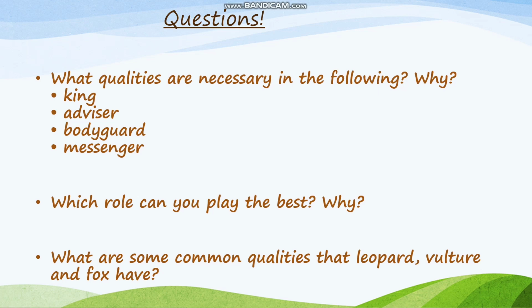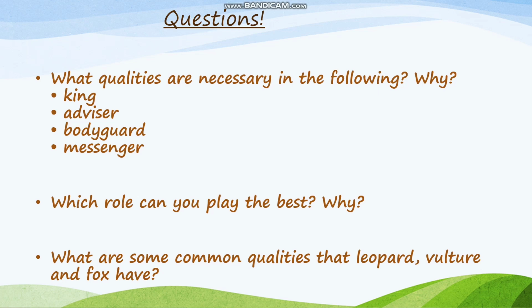You have to think and write them down. This is not given anywhere in the text. ये आपको खुद सोचना है. अगर कोई king है तो उसको कैसा होना चाहिए? Okay? Great. Which role can you play the best? Why? Now, once you have written down the qualities that these people should have, you have to think which role can you play the best? इनमें से आप क्या best कर सकते हैं? क्या आप सबसे अच्छे king बन सकते हैं, सबसे अच्छे advisor, सबसे अच्छे bodyguard या सबसे अच्छे messenger? आपको सोचना है.